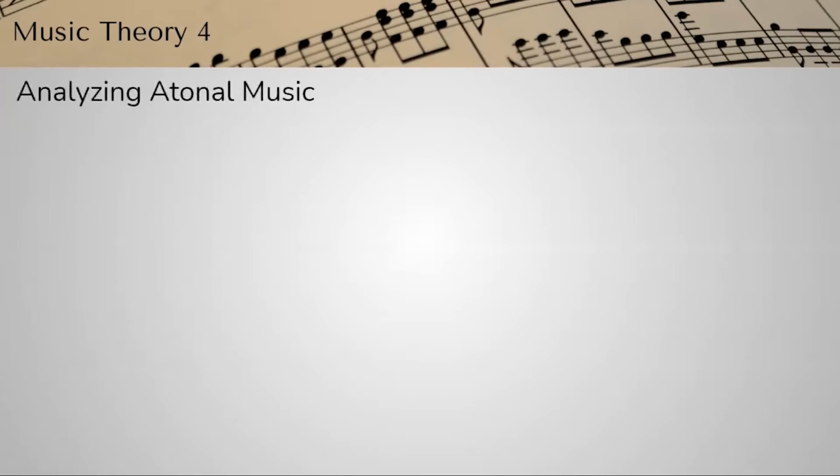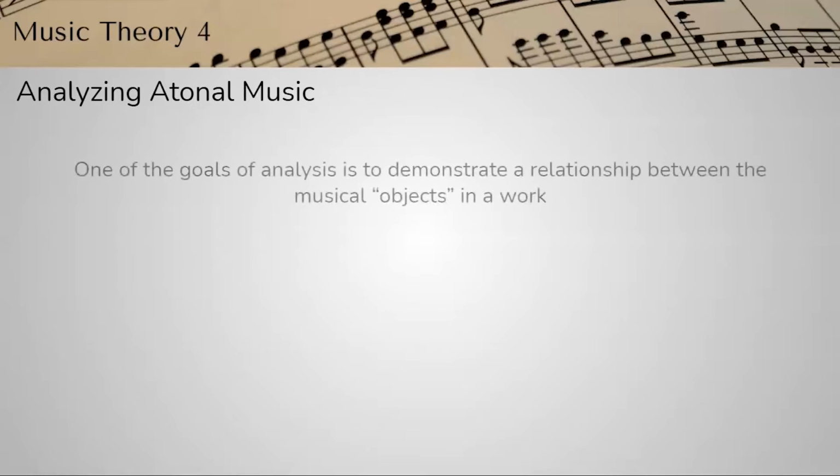Okay, let's talk a little bit about why these things are important. We have to talk a little bit about what analysis in music is, and then specifically what it requires to analyze atonal music, music that does not have a tonal center. One of the goals of analysis is to demonstrate a relationship between different musical objects in a work, right?